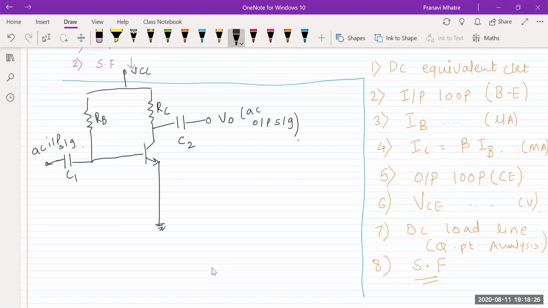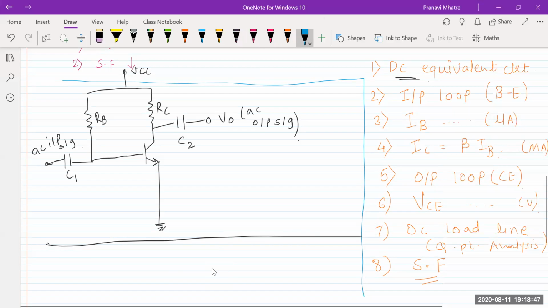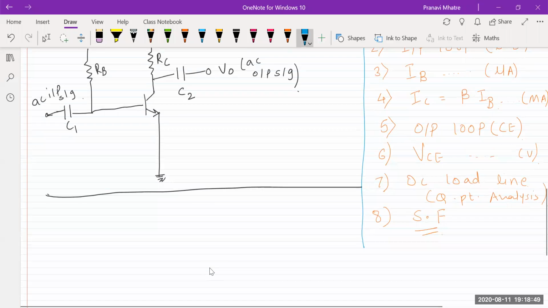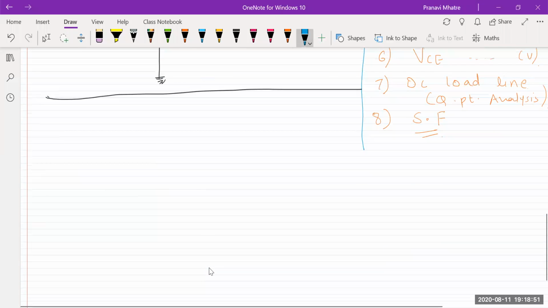My first point for consideration is to draw the DC equivalent circuit. Drawing the DC equivalent circuit means I have to draw all the capacitors as open, because a capacitor acts as open for DC analysis. So my DC equivalent circuit in short looks like this.